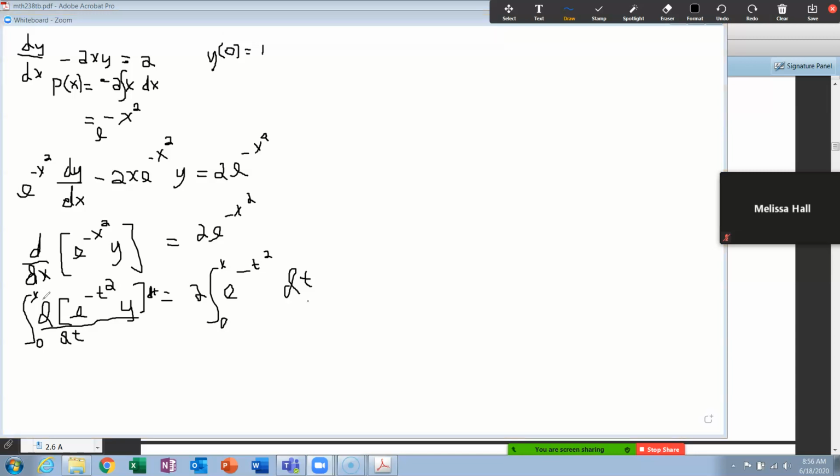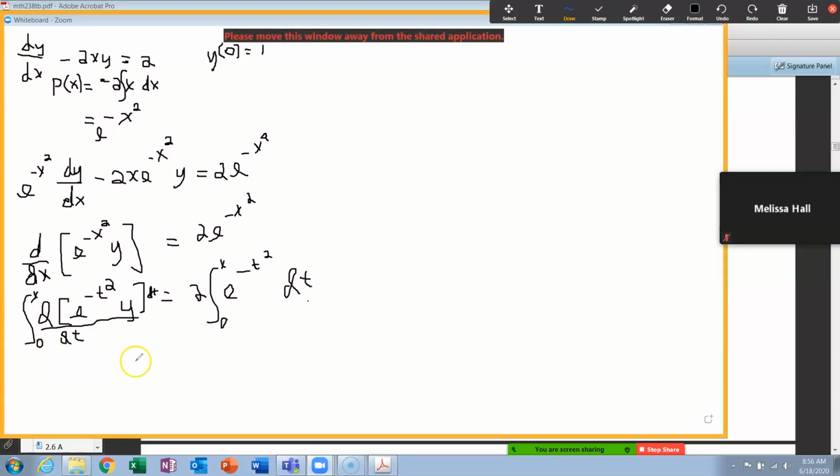Okay. Now, this side here is still an integral of a perfect derivative. It's just that you have limits on it now. So what you do is, this is your argument.